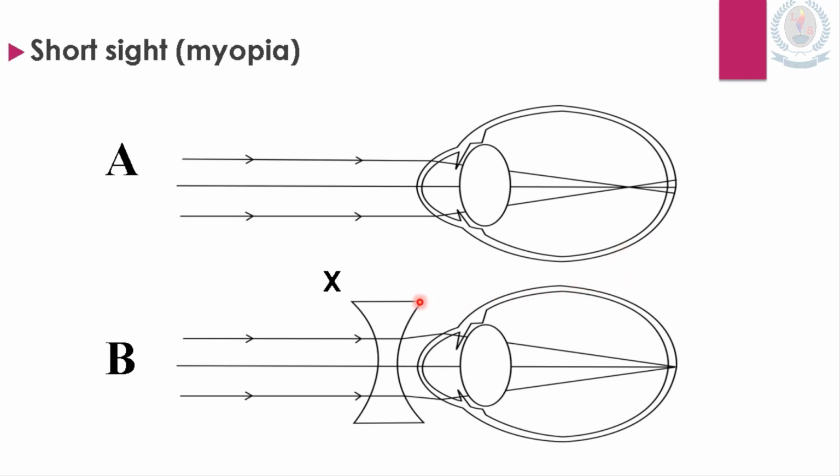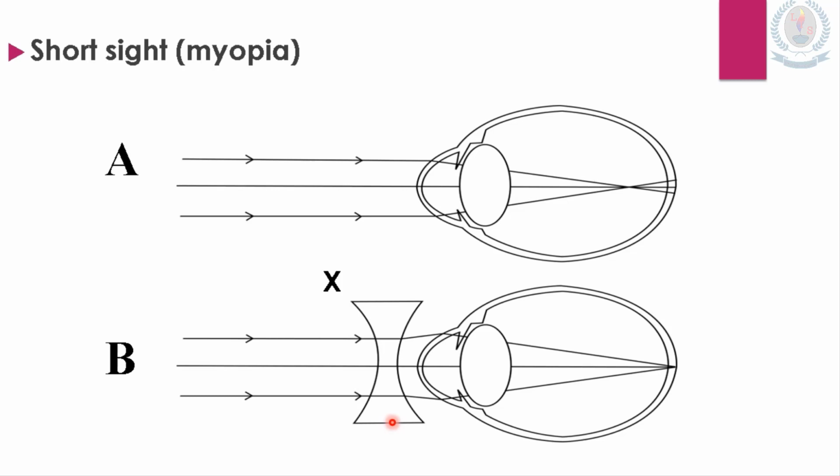How can we correct this defect? Diagram B shows it. Short sight can be corrected by using a concave meniscus lens. This is a concave meniscus lens.